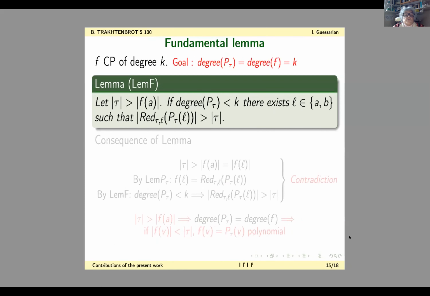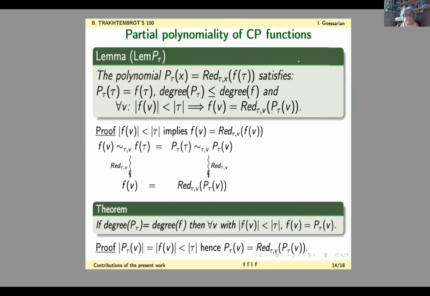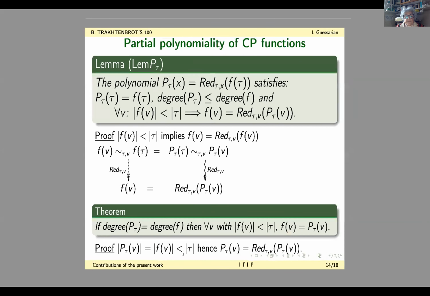Now, I need one fundamental lemma, which I must say was the most technical and hardest to prove in this result. The goal is to get the degree of p tau equals the degree of f, because then we know by the previous theorem that p tau of v is equal to f of v.